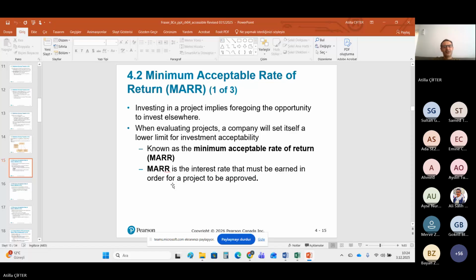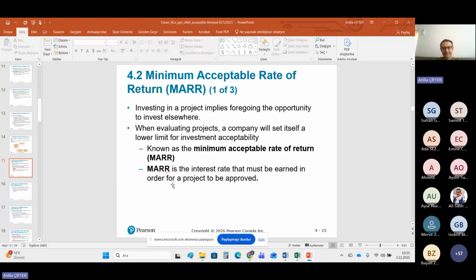Think that you bought a production machine with 50% interest rate. Then you expect your return must be higher than this 50%. Otherwise, you will say, okay, I don't buy this production machine because my return is not 50%. So the minimum acceptable rate of return is usually compared with the cost of finance.